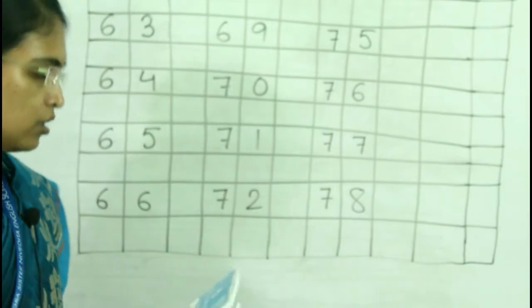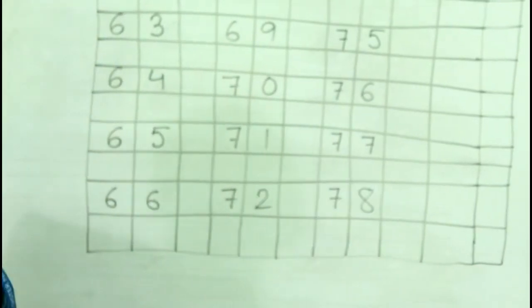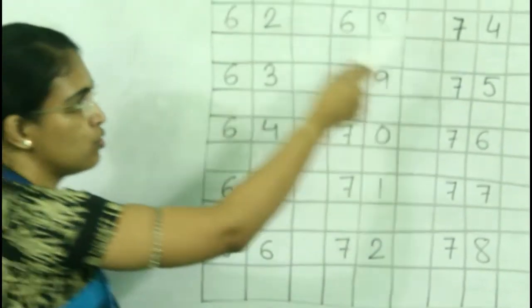So now look at the board. We will read this number counting starting from 61 to 80.